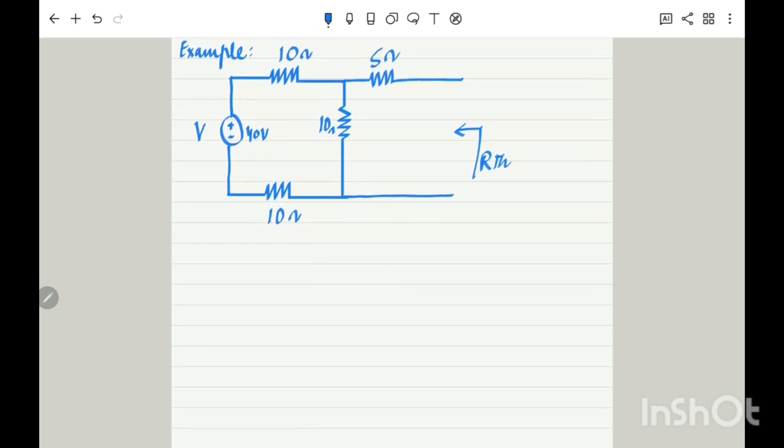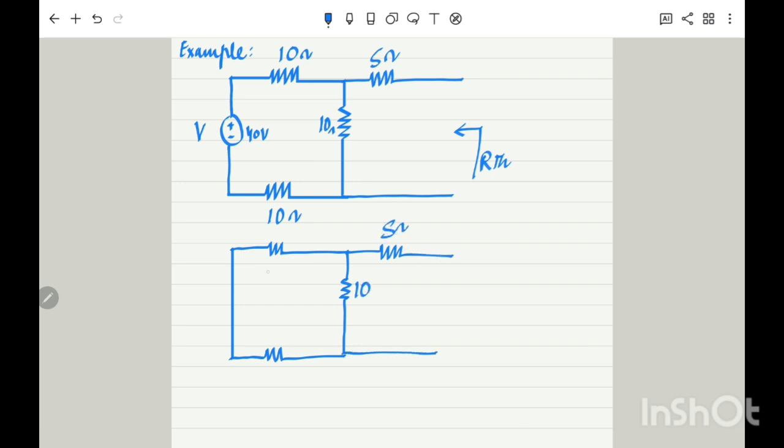So here is voltage source, and we have to put this voltage source as short circuit, and let's take resistance as it is. This is 5 ohm, this is 10, this is also 10 ohm, this is also 10 ohm.